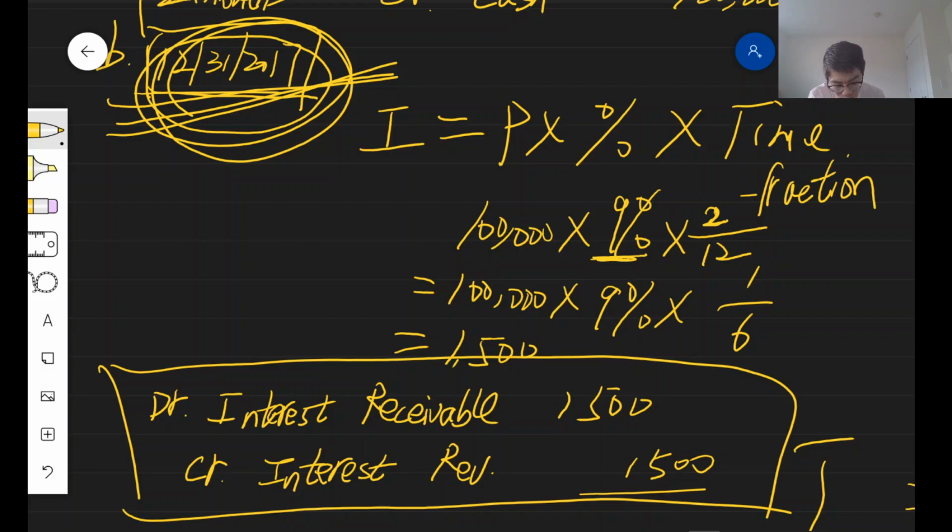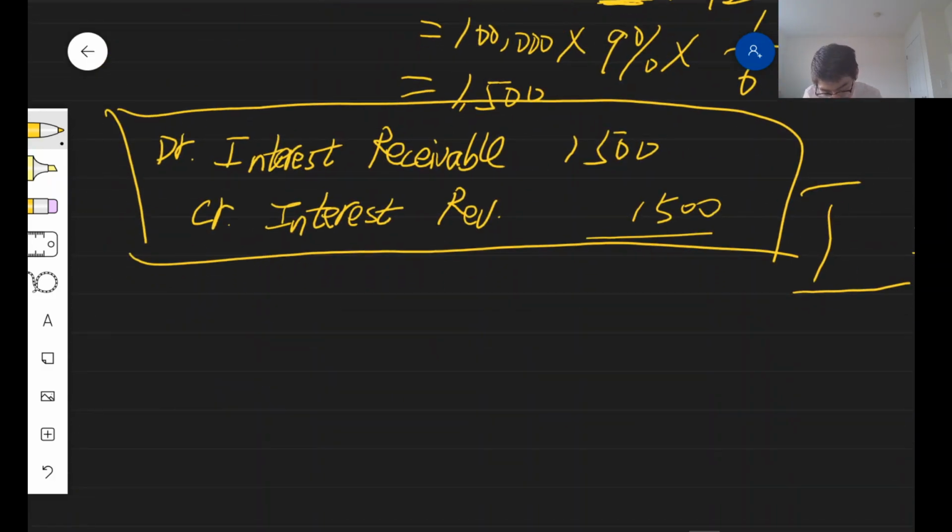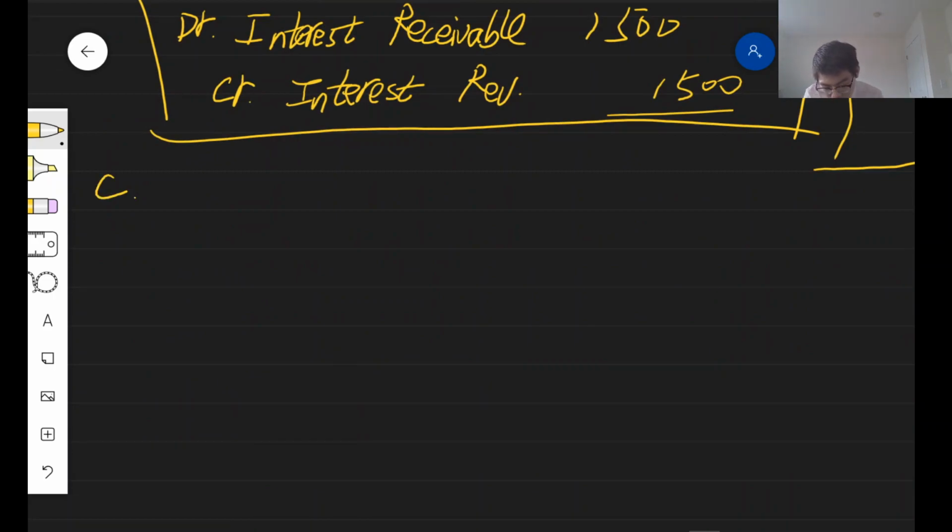And the third, C, is on the date of April 30th, 2018. For 2018, what have we received?